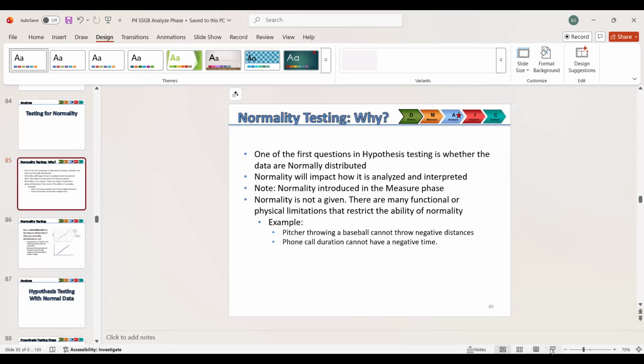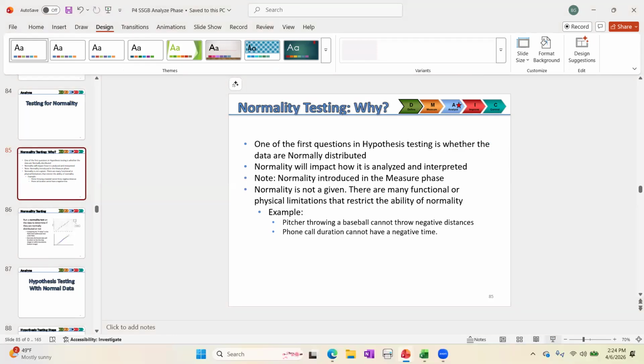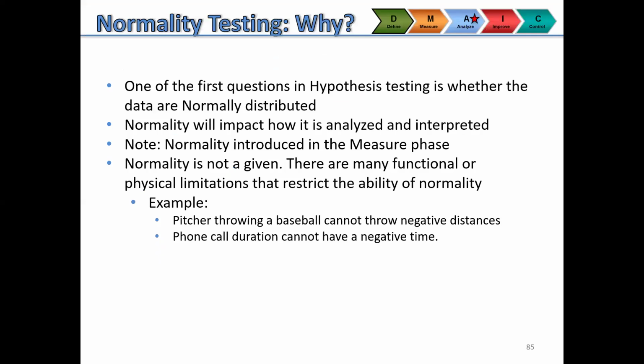Let me blow this up. So we want to know whether the data is normally distributed, because it's going to impact which test we use, how it's analyzed, how it's interpreted. We have to know that our process is stable, right? Can't be all over the place. We usually introduce that in the measure phase, but normality is not a given.